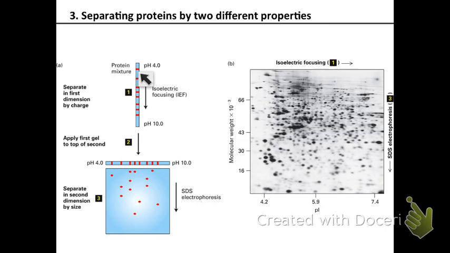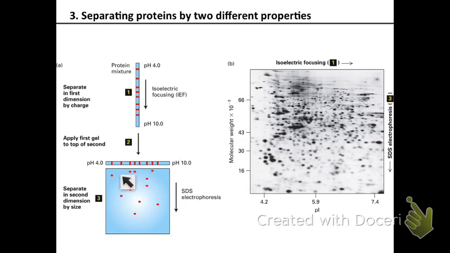Then you take this little gel piece and put it on top of another gel, now horizontally, so that all your proteins that are acidic are on the left-hand side of this gel strip, and all the proteins that are basic are on the right-hand side. Now you separate them by size.